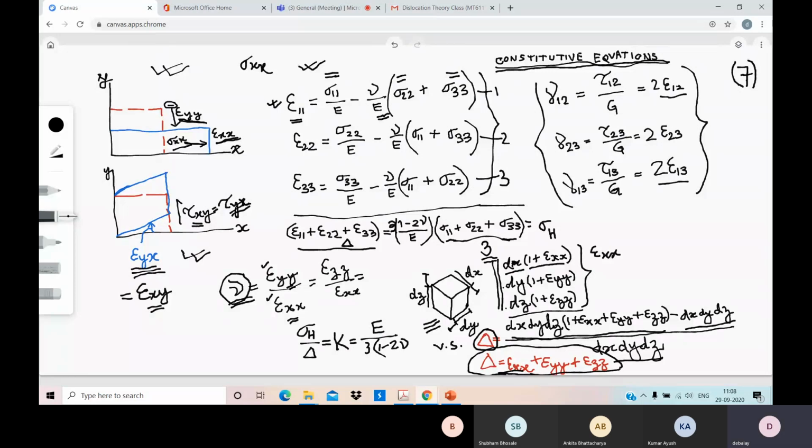So you see, different moduli are actually related to each other. Similarly, E and G are related: elastic modulus and shear modulus are related.